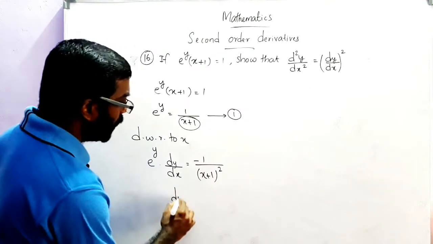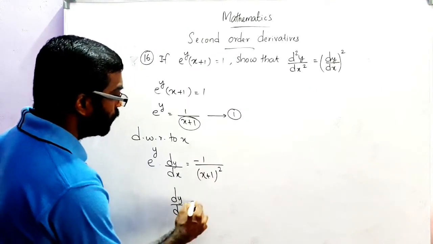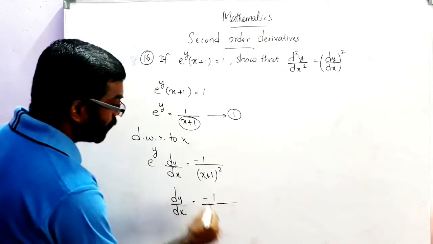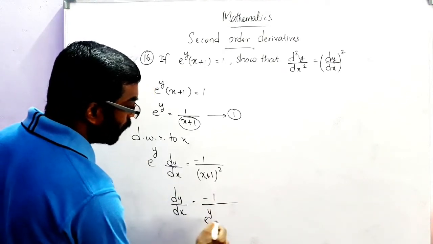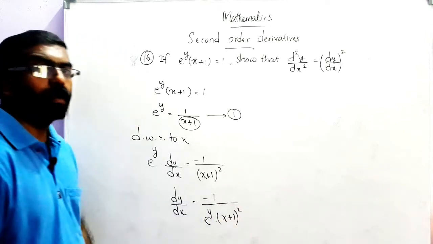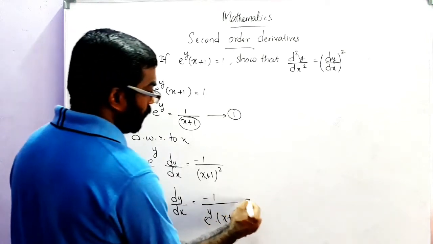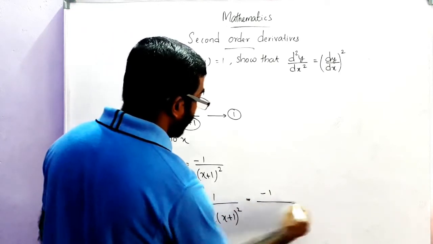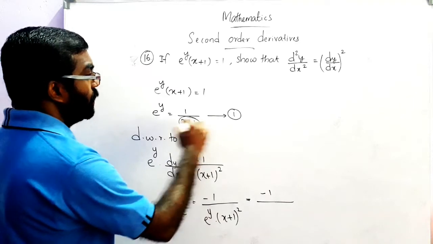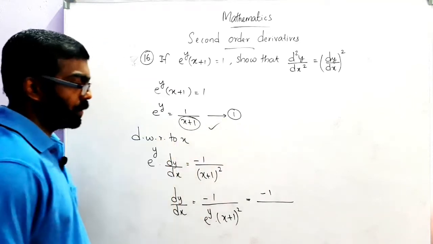Now dy by dx is equal to minus 1 by e raised to y, I write here e raised to y into x plus 1 the whole square. Clear? Which is equal to minus 1 by, and the value of e raised to y in terms of x is this one, 1 by x plus 1.